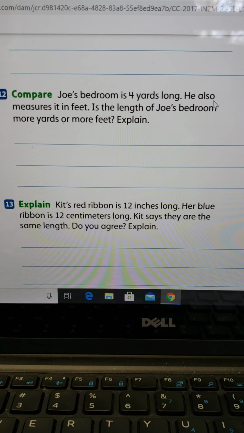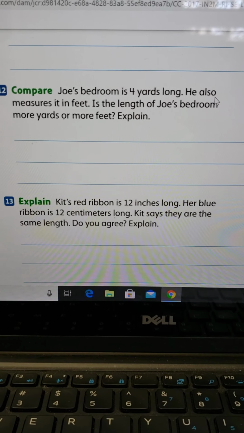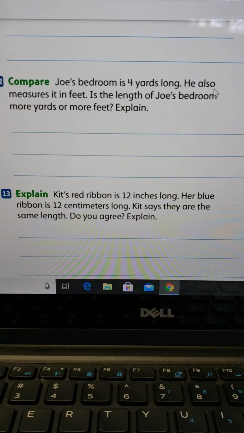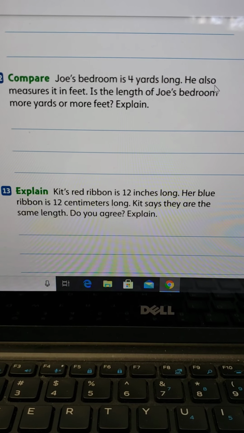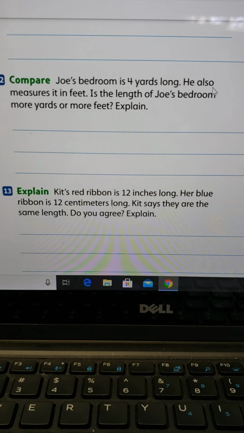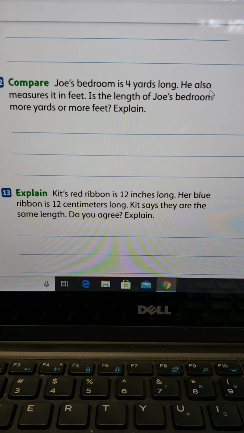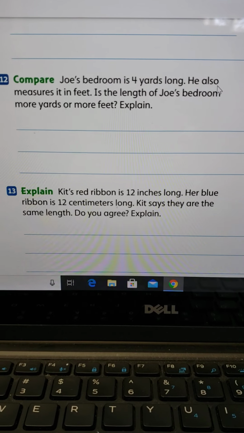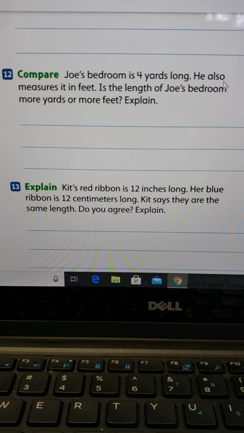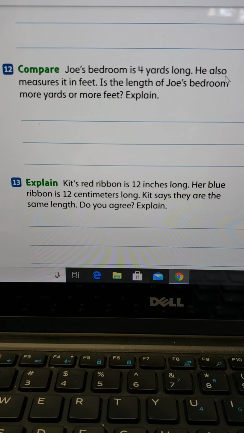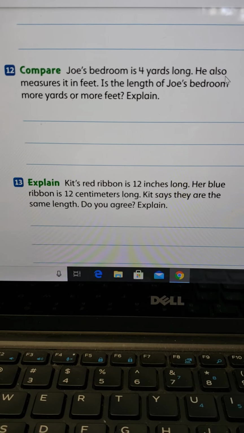12 feet versus 4 yards. So is the length of Joe's bedroom more yards or more feet? 4 yards or 12 feet? Which one is more? I hope you said 12, because you would be correct.